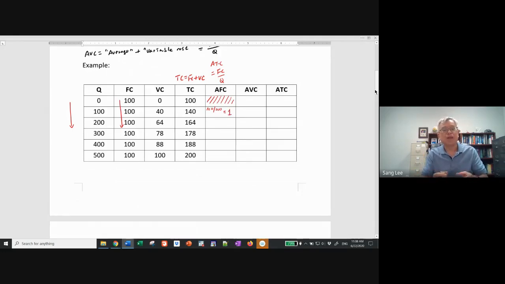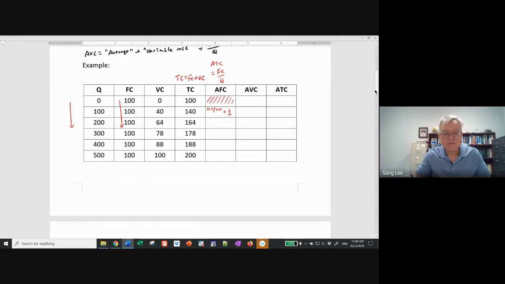That means when you produce 100 units, fixed cost is 100, so you spread $100 over 100 units produced. Then per each unit, the typical unit incurs the average fixed cost of $1.